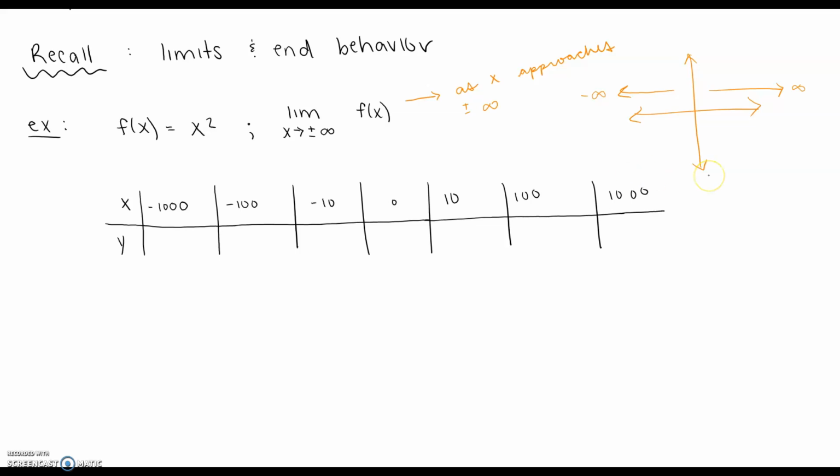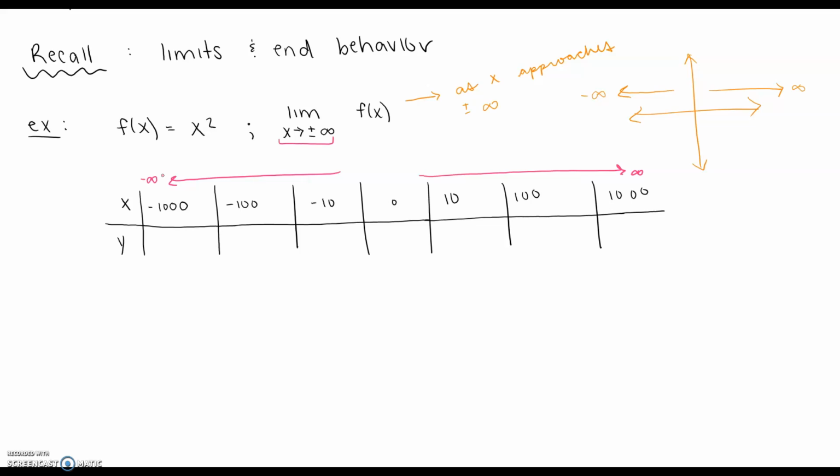So the x values are based on this. So we're approaching positive infinity with our x values, and we're approaching negative infinity with our x values.